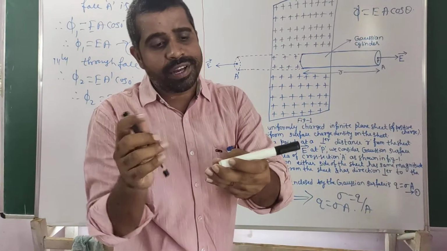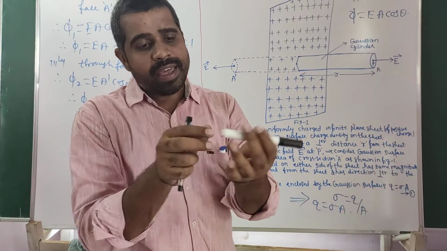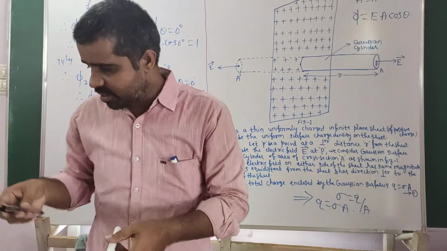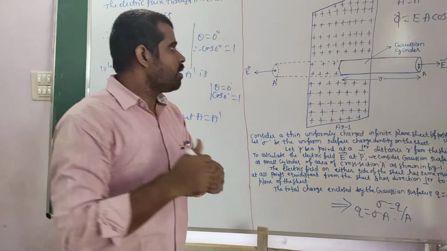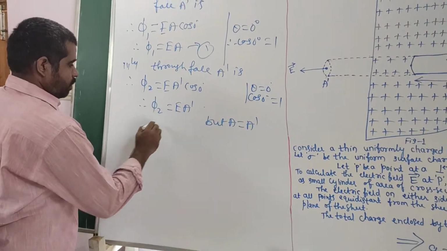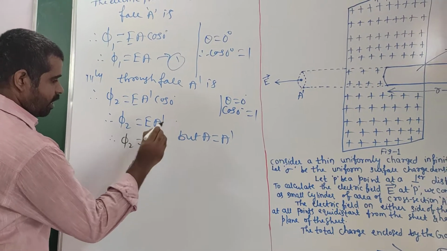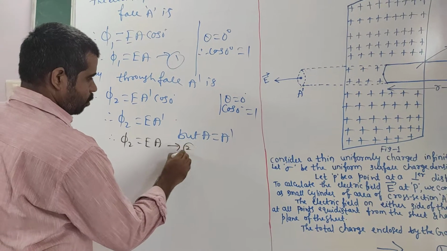That's why theta value is 0 degree. But whatever A and A dash, the values are the same. That's why phi 2 is equal to EA. Give it as equation number 2.